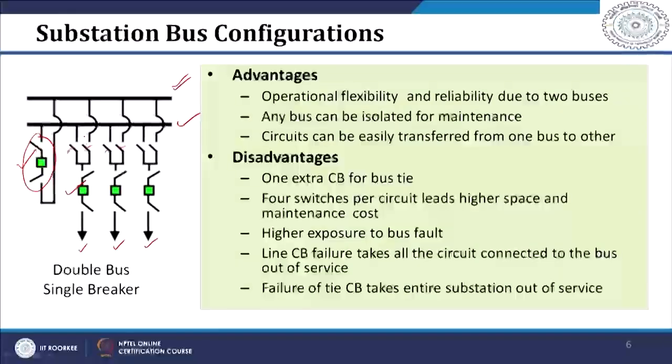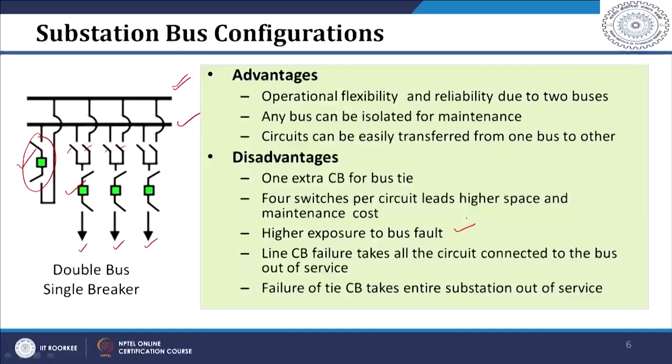It gives higher maintenance cost, and the space required for this substation will be high. Also, since many switches are used, there are high chances of bus fault. So higher exposure to bus fault is another reason.